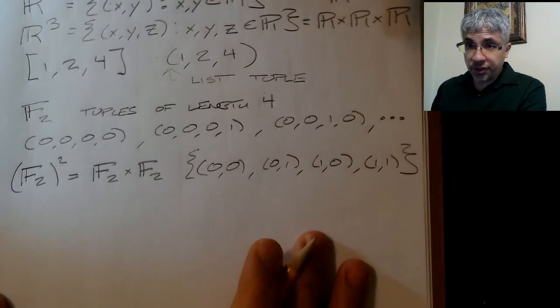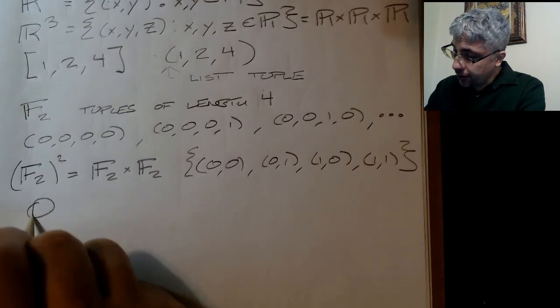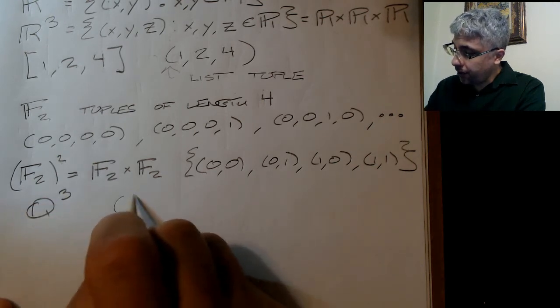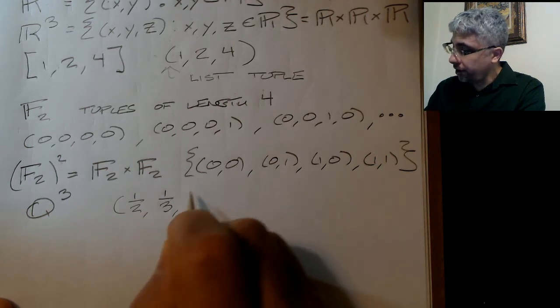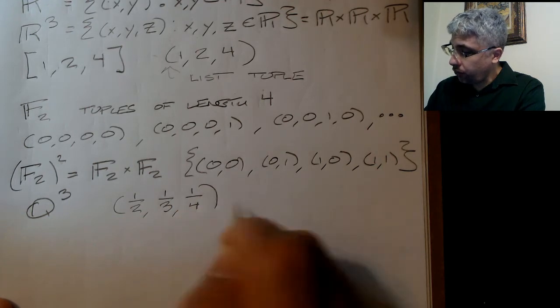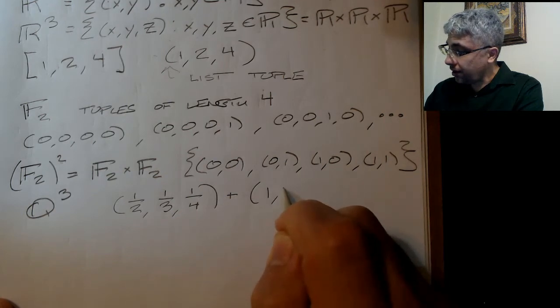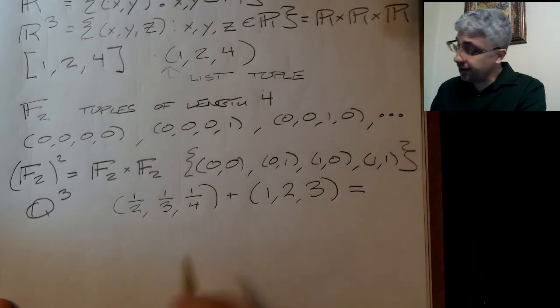So addition is going to be pointwise. So for example, if we're in the rationals, let's say we're in Q3, and I have 1/2, 1/3, and 1/4, and I want to add (1, 2, 3). And what I do here is I just add pointwise.